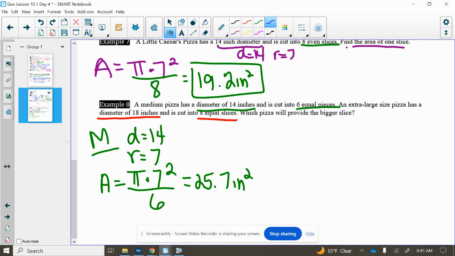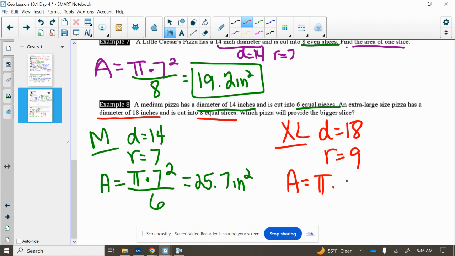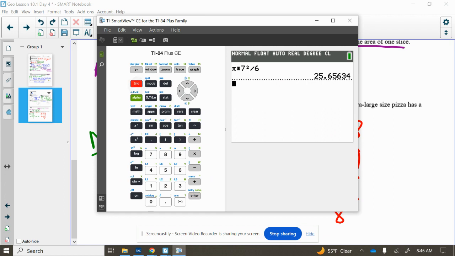The second one, our extra large pizza, has a diameter of 18, so its radius is 9. This time we're going to divide it into 8 equal pieces. So pi times that radius value squared, divided by our 8 equal pieces, we get about 31.8.